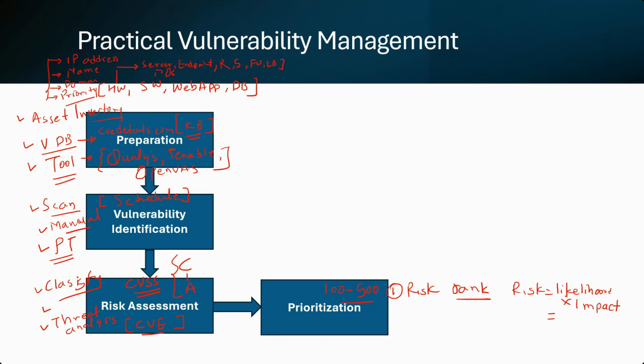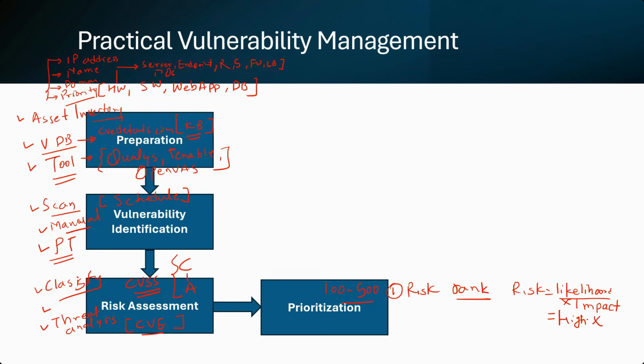Likelihood can be calculated like this: let's say there's a specific vulnerability that has been exploited multiple times in the past in financial institutions, and my business is also in financial services. So this is high for me, because the chances of this vulnerability getting exploited are higher, right?